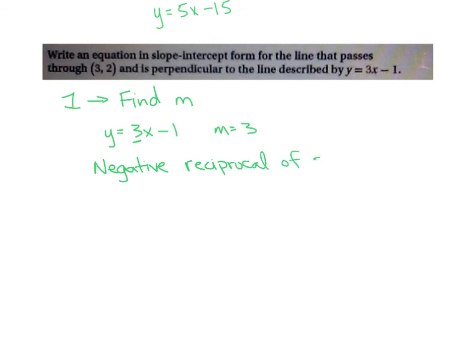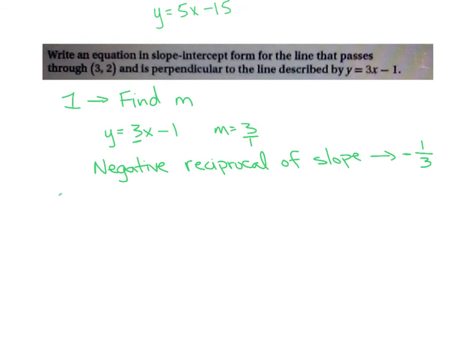So we have 3 over 1, right? Because you can make any number a fraction by putting it over 1. The reciprocal of 3 over 1 is 1/3, and then we just make that negative, because 3 times negative 1/3 is negative 1. So, that is the slope.